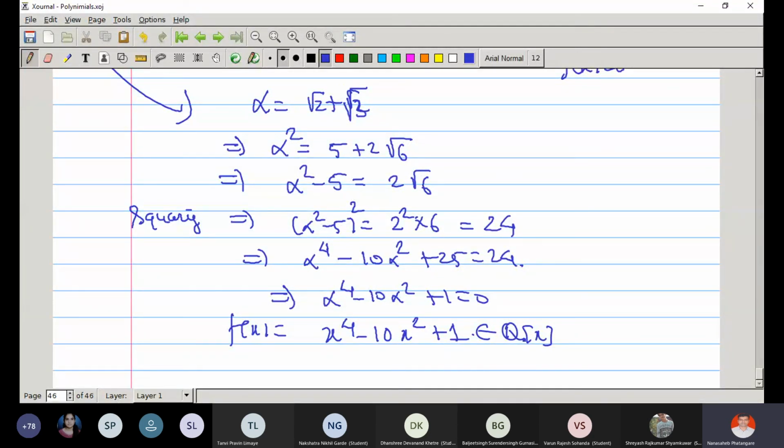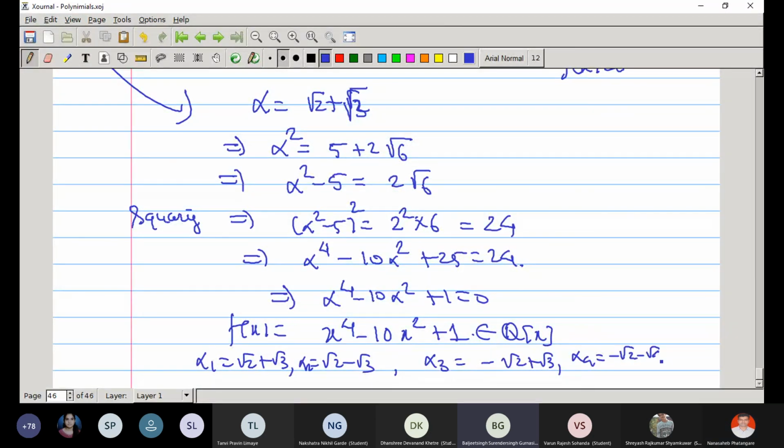And what are the other roots? Alpha 1 is equal to root 2 plus root 3. What are the other roots? Because this is a degree 4 polynomial, it will have at most 4 roots. Now, is it compulsory that it will definitely have 4 distinct roots? If roots are repeated, then no, you will get the same roots. But are they repeated?